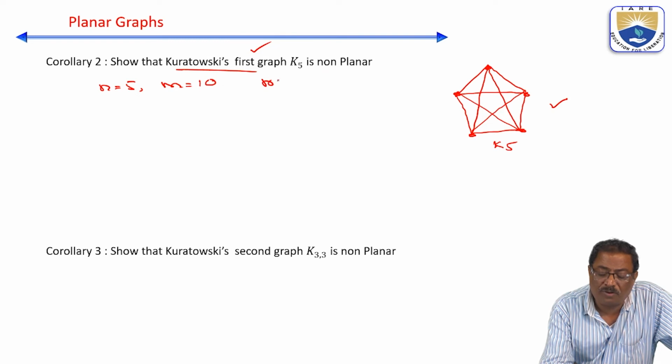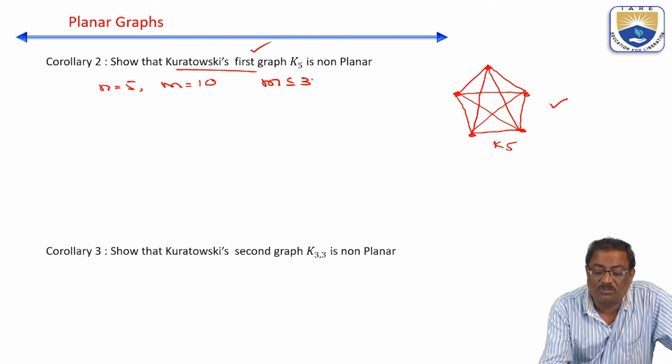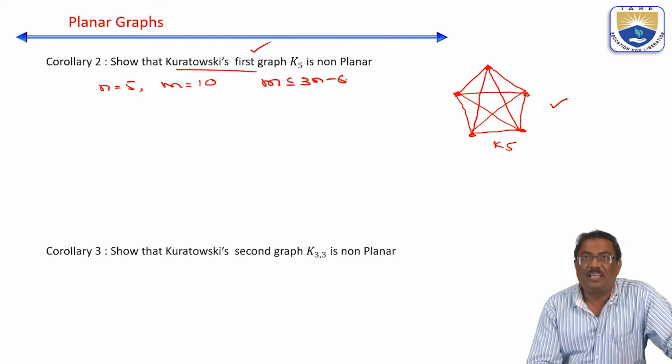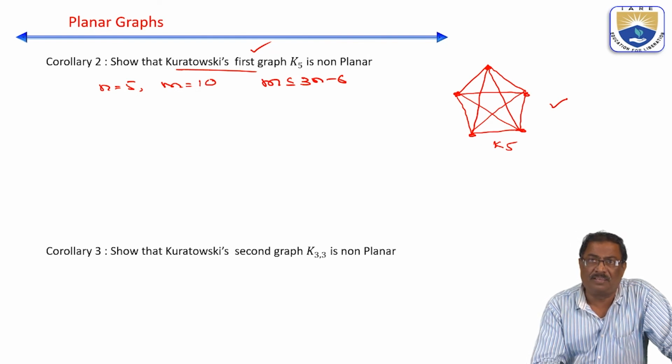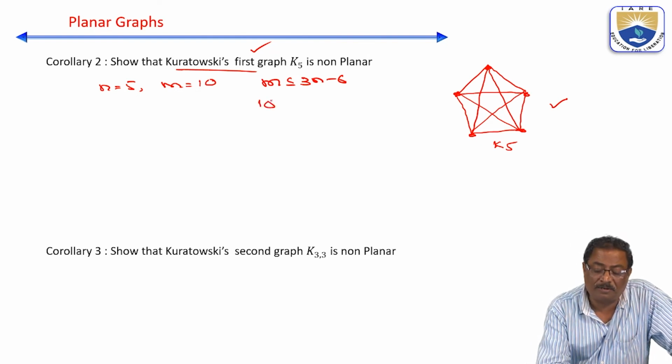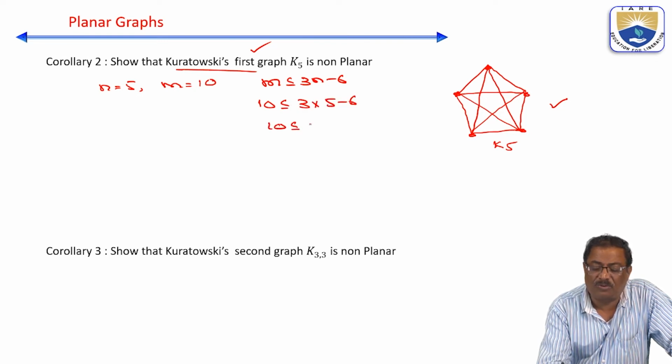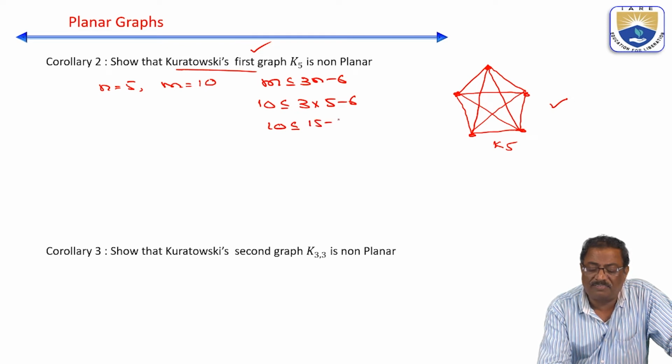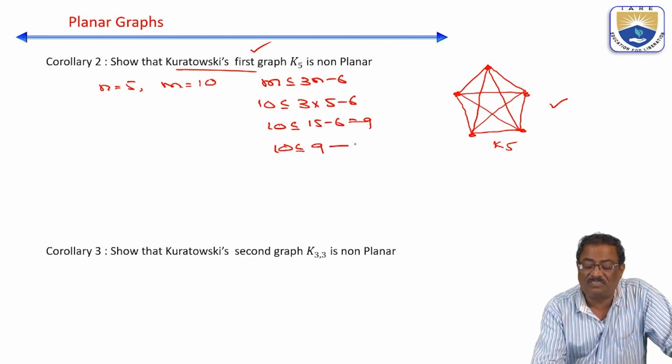So I am going to verify m is less than or equal to 3n minus 6. If it holds, then it is a planar graph, otherwise it is not. So 10 is less than or equal to 3 into 5 minus 6, so 10 is less than or equal to 15 minus 6, which is 9. So 10 is less than or equal to 9, which is not true.